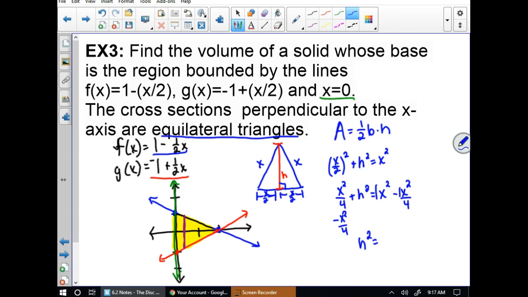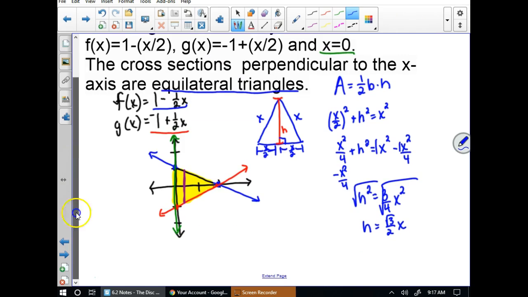So what is 1 minus 1/4? 3/4. So we've got 3/4 x squared. And then we would square root both sides. So we'd get h equals the square root of 3 over 2 times x. We could have used trig there. You can see you got that square root of 3 over 2, which is a unit circle value. But I prefer the Pythagorean theorem.